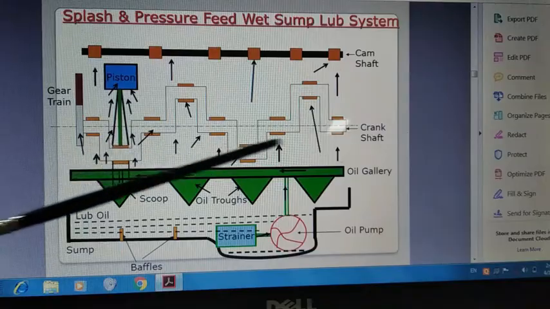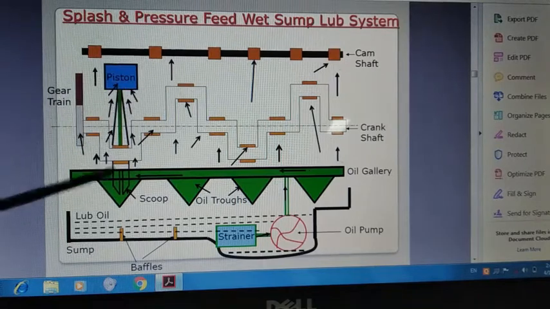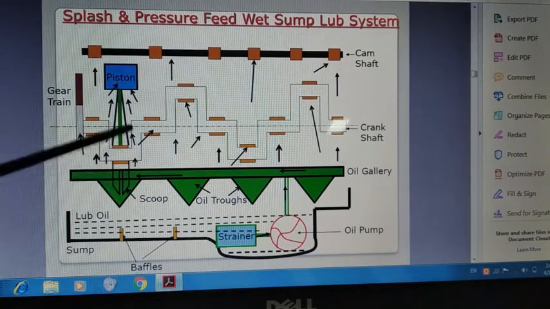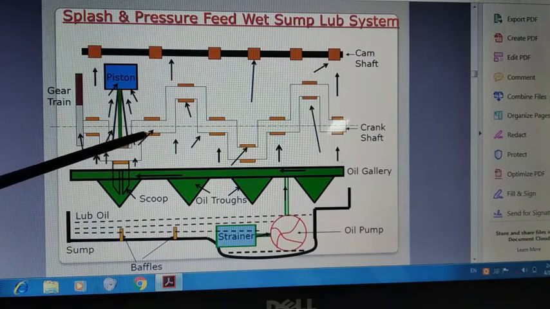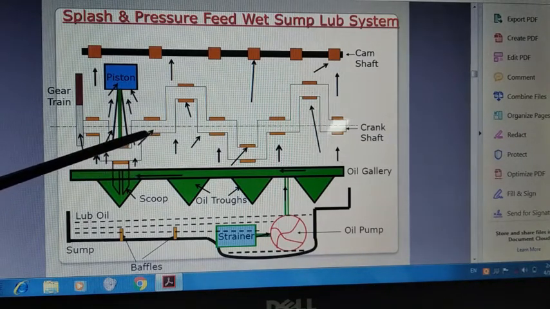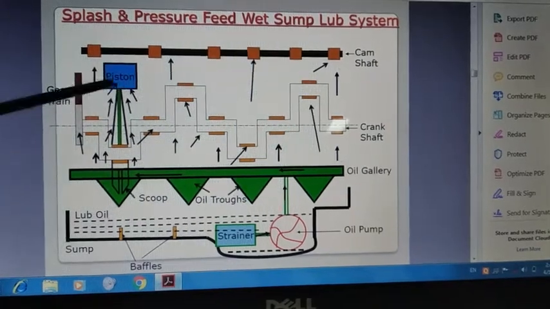You can see this is the crankshaft, this is the camshaft. Oil will be splashed by the connecting rod through the scoop, and then it will be passing through the different oil holes provided in different components. So those components will be lubricated.